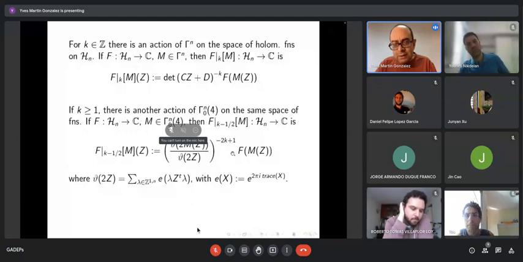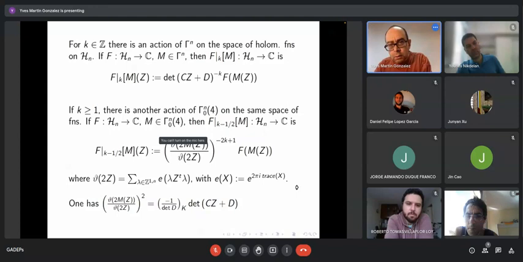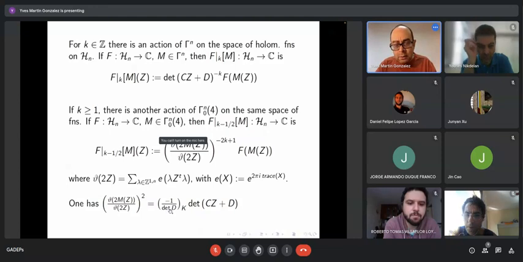And it is chosen in such a way that this corresponds more or less to the square root of the factor used before for integral k. So you can see the quotient of theta function squared is equal to the determinant of cz plus d times a plus or minus 1 given by this Kronecker symbol.